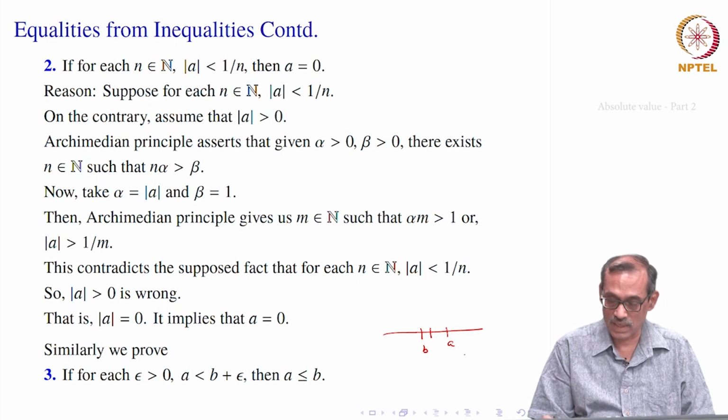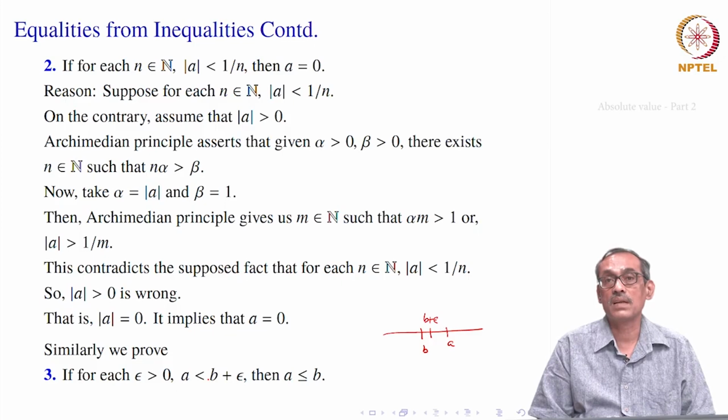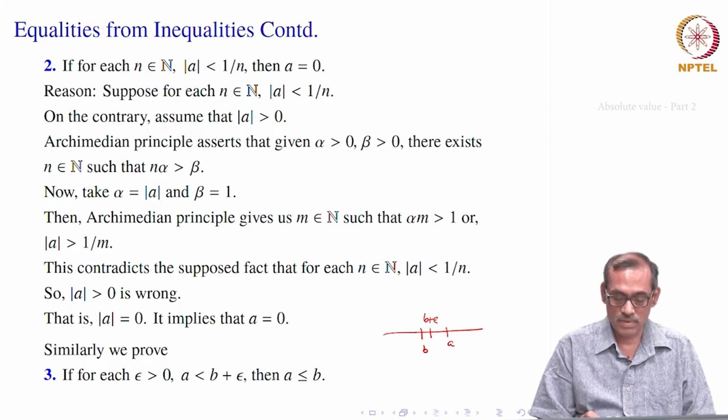So, I take something here. This is my B plus epsilon. Now, A is bigger than B plus epsilon, but A should have been smaller than B plus epsilon. So, that is how you have to choose your epsilon. Something like A minus B by 2, which when added to B will still be smaller than A, and that will be the proof.